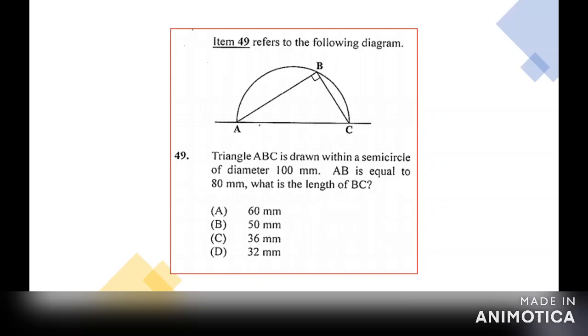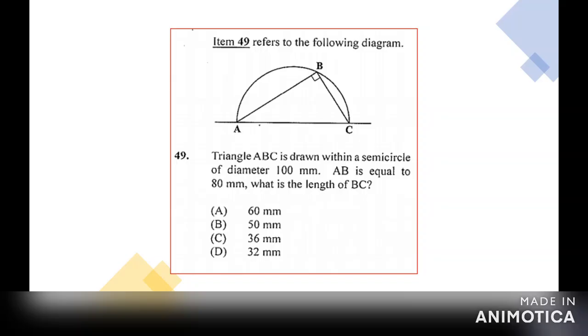Number 49, triangle ABC is drawn with a semicircle of diameter 100. AB is equal to 80. What is the length of BC? Remember in trigonometry, length A squared plus length B squared is equal to C squared. So what you have here is length C squared and length A squared.